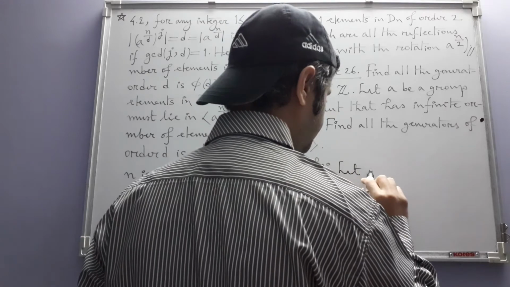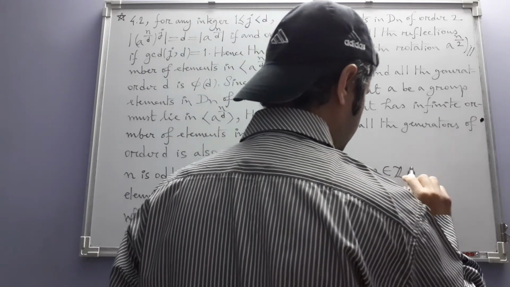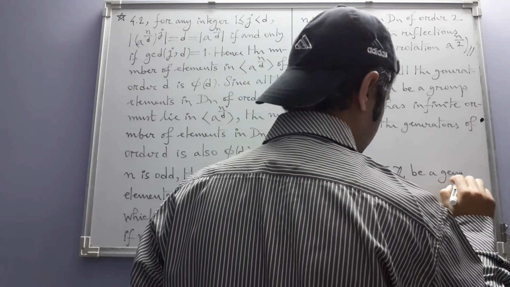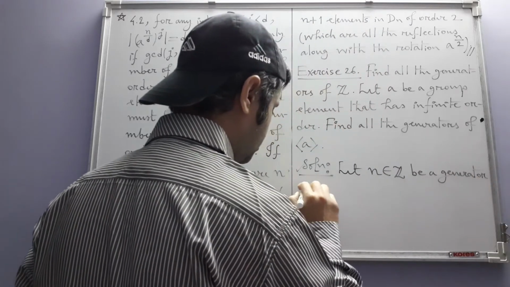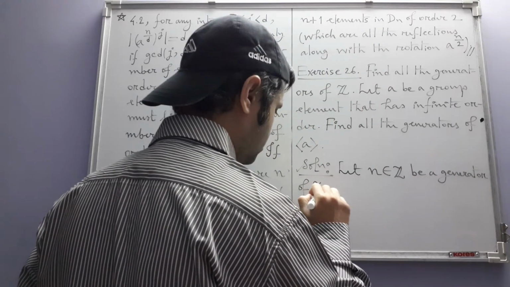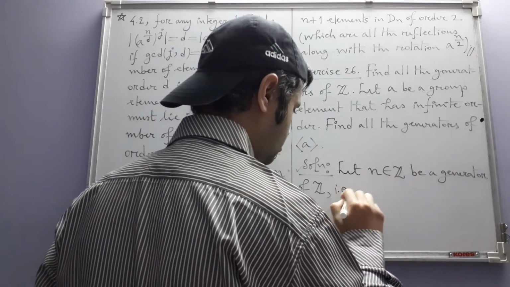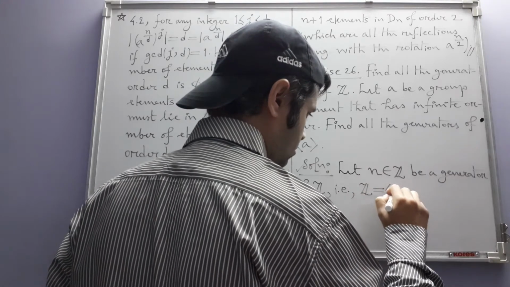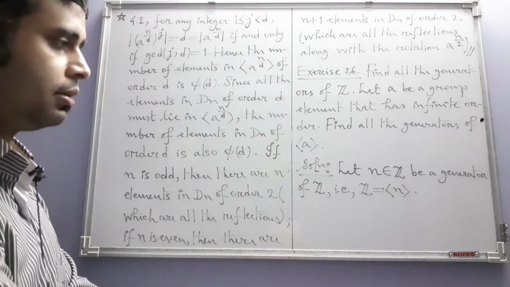Let n belonging to Z be a generator of Z, that is, the group is generated by the integer n.